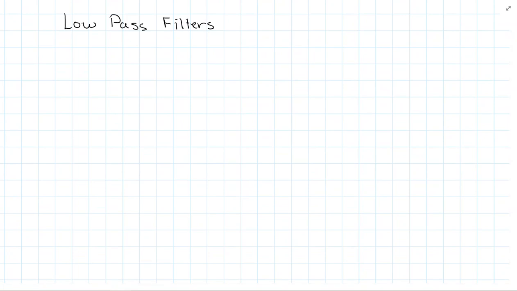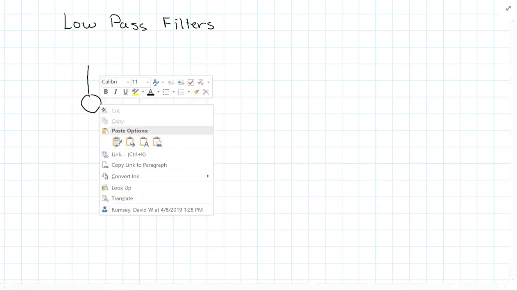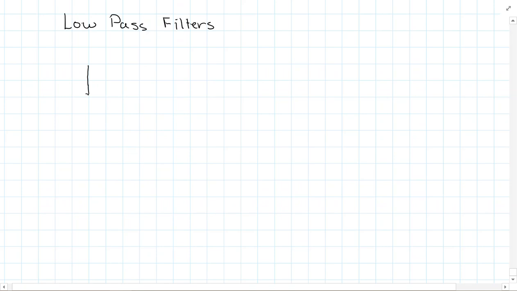And really power is what we're interested in. So let's look at a very simple low-pass filter to start with, and we're going to analyze this both on a very high level, well, this has to be a low-pass filter, to diving into the equations, and actually figuring out what the cutoff frequency is. So we're going to look at a very simple circuit.